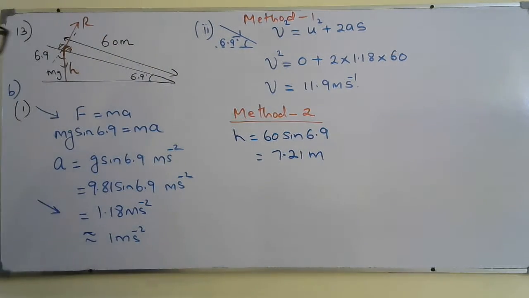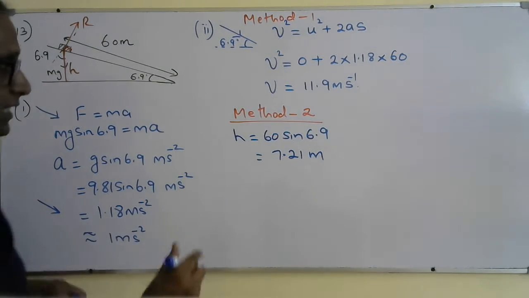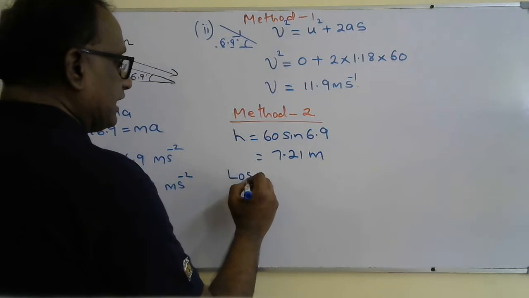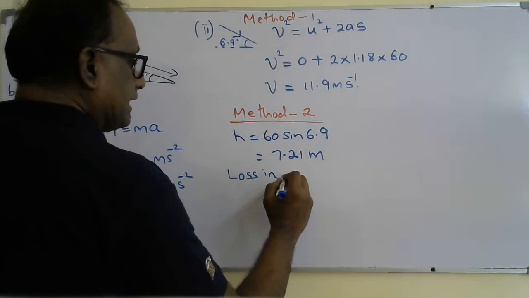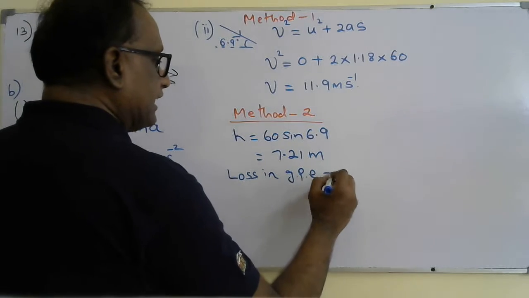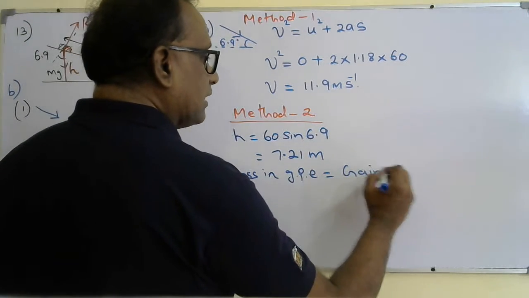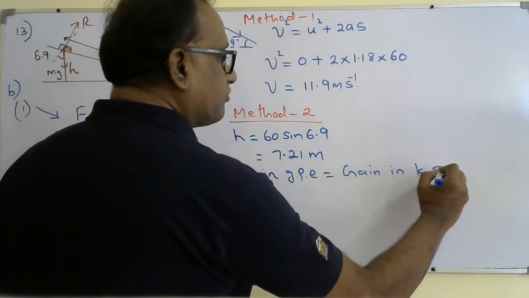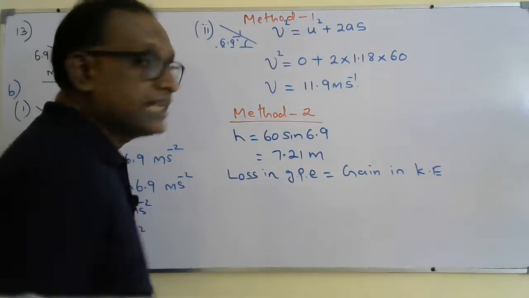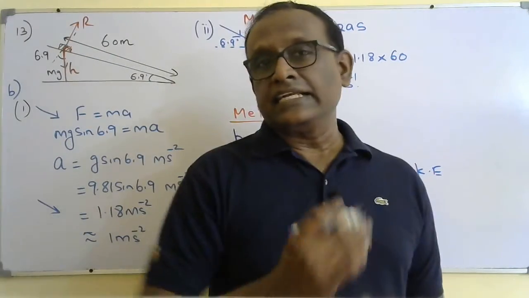Then I can write loss in GPE equals gain in KE. Earlier, in question number 11, we came across this type of approach, but there was friction; here there is no friction. So loss in gravitational potential energy equals gain in kinetic energy, and I don't need to write work done against friction because it's a frictionless surface.